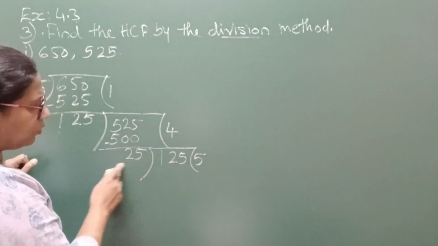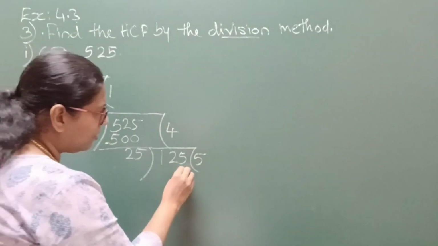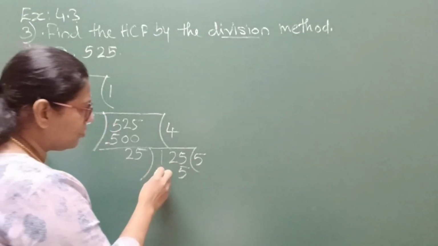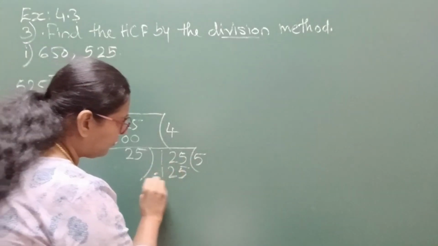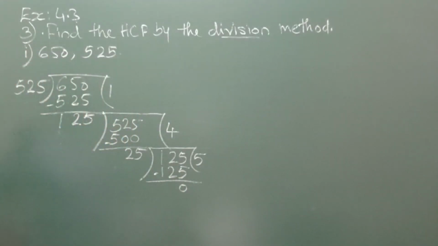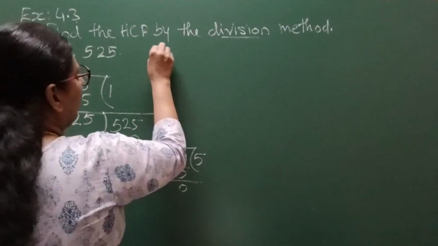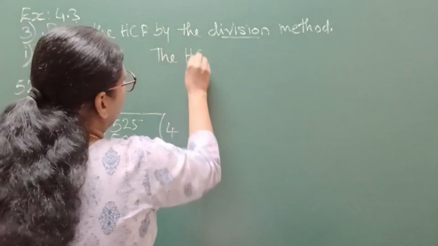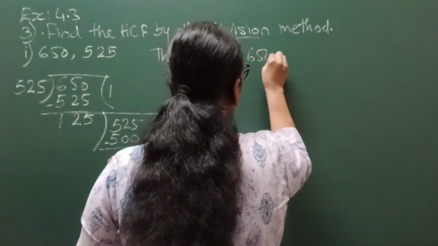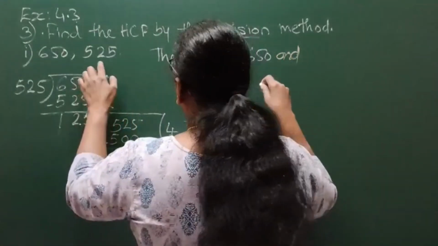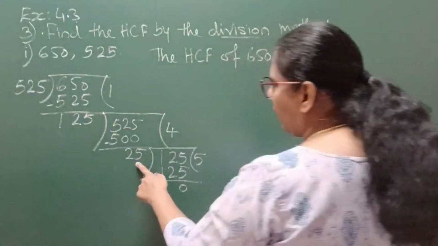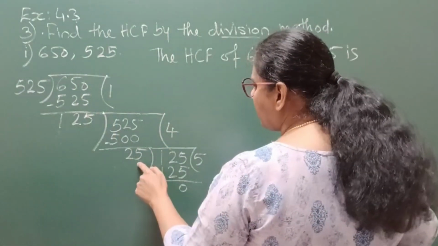Now multiply both the digits. 5 5s are 25, 2 balance. 5 2s are 10 plus 2, 12. 125. Remainder is 0. So the HCF of 650 and 525 is the last divisor, 25.